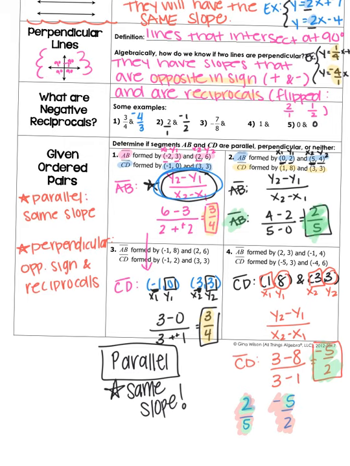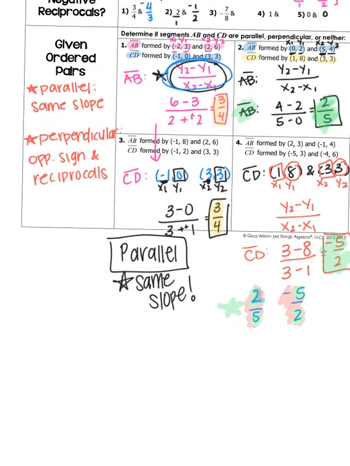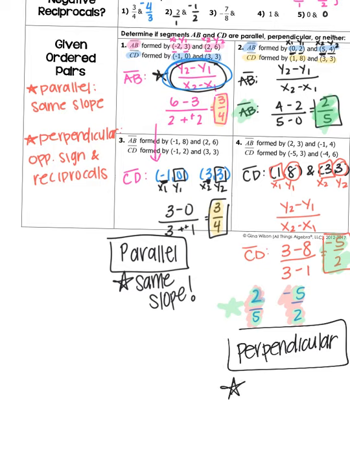This is 5 over 2. So they were flipped. So this is an example of a slope that is opposite in sign and reciprocals. So that means that these two lines are perpendicular. So my answer would be perpendicular. And I know that because they're opposite in sign and reciprocals. They're flipped versions of each other.